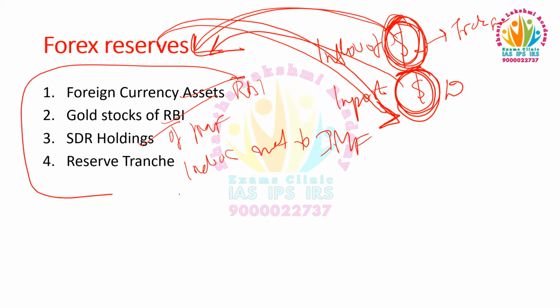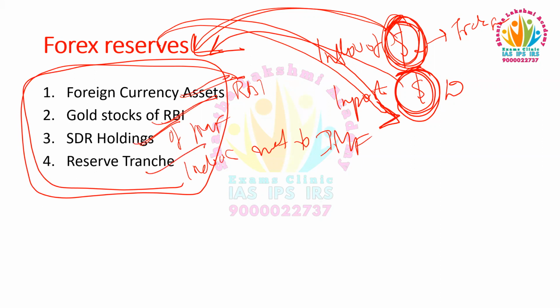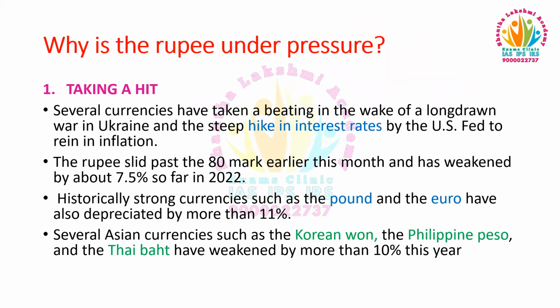So these are the 4 forex reserve components: foreign currency assets, gold stocks of RBI, SDR holdings, and the reserve tranche. In these only, the dollars will be held or stored.